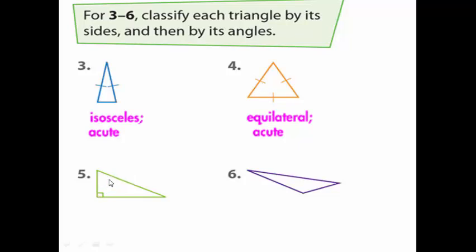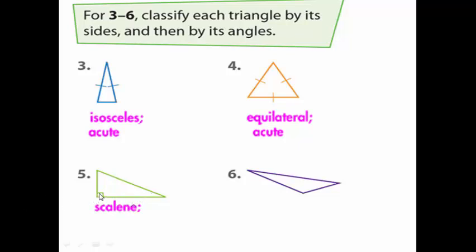Here I have no equal sides. By the way, I want to tell you something. If you have this dash, it means they are equal. Here I have no dash, so none is equal to the other, so it will be called scalene.